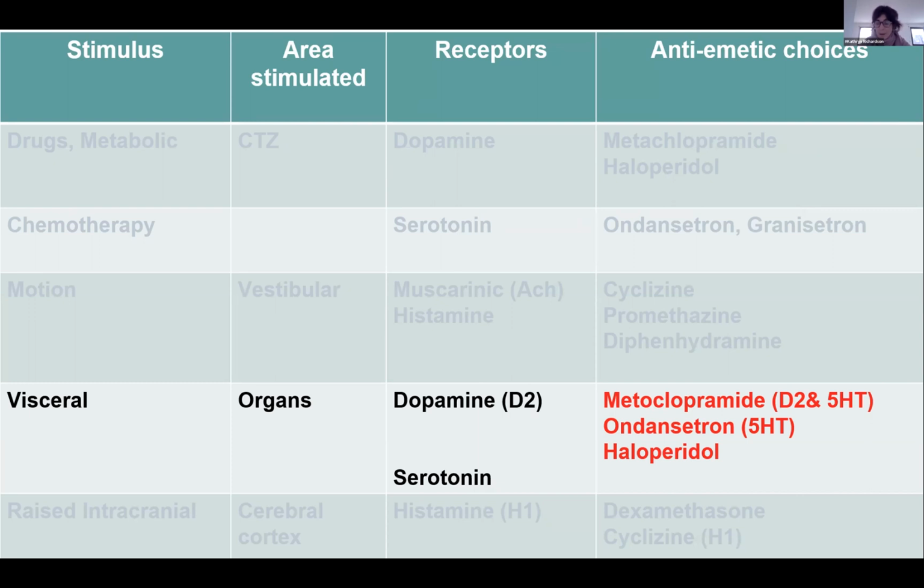If you have a complete bowel obstruction, a mechanical bowel obstruction, rather than a functional bowel obstruction or a partial bowel obstruction, you avoid metoclopramide, because if you give a drug that triggers peristalsis and you've got a complete obstruction, it can risk perforation. Okay, so if you use metoclopramide and the patient has some obstruction and they get a lot more pain and colic, then it should be stopped. Or if you suspect complete obstruction, select one of the other medications here. Okay, so we've got ondansetron or haloperidol.